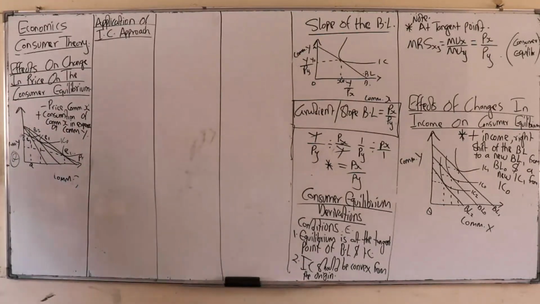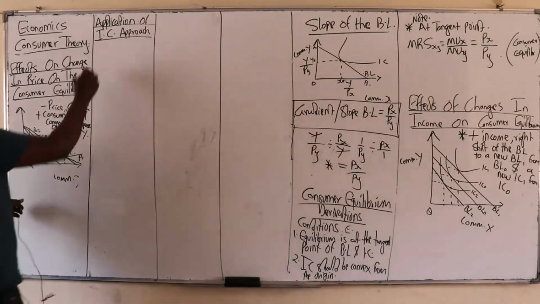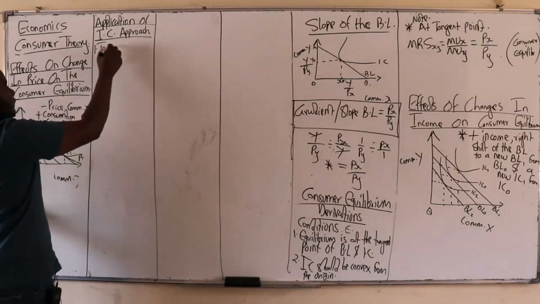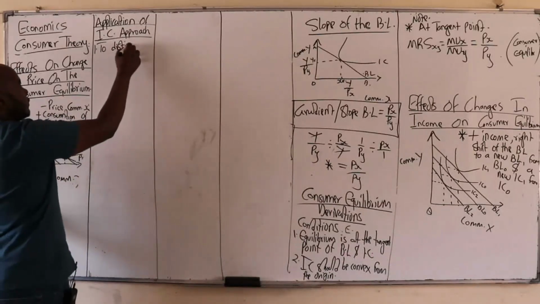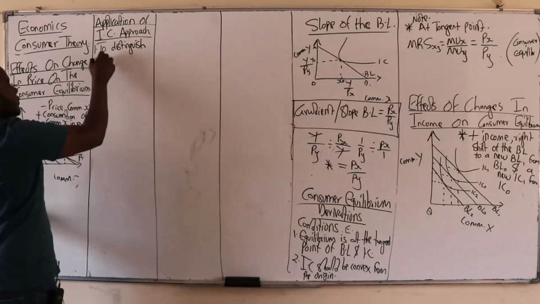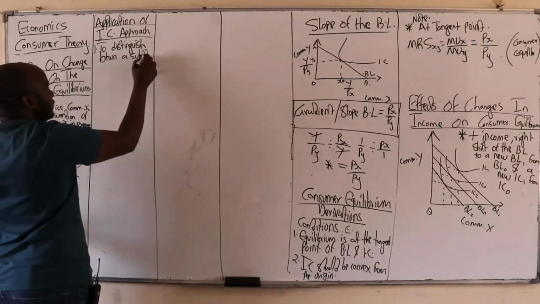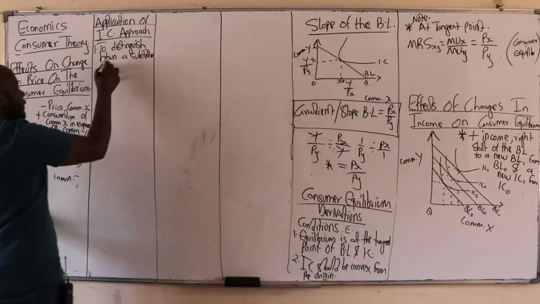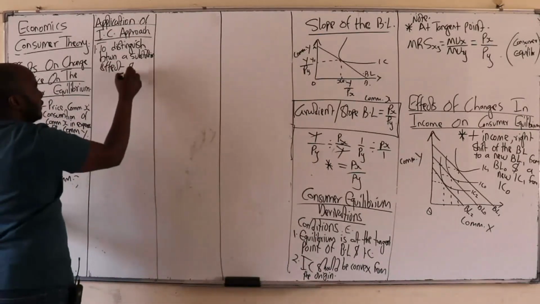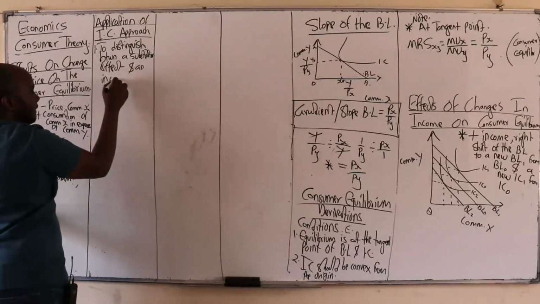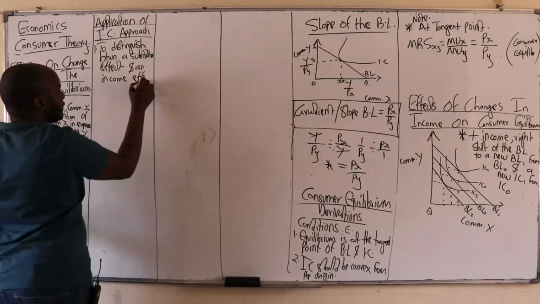Number one, to distinguish between the substitution effect and an income effect.